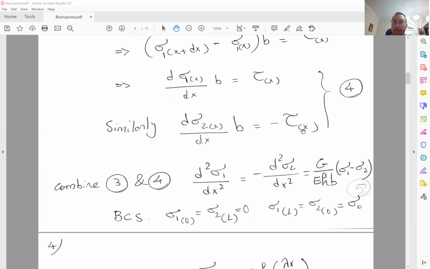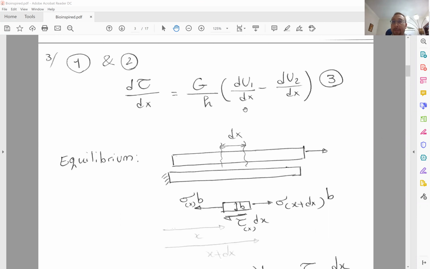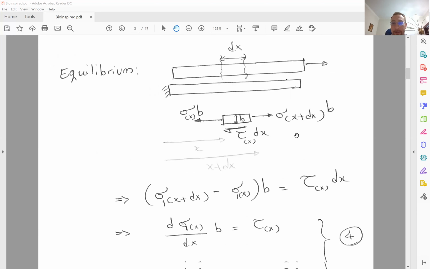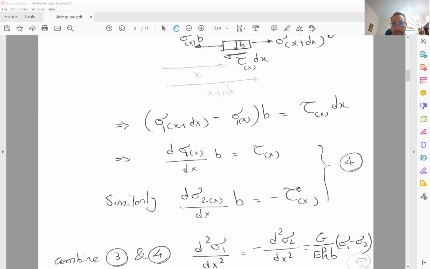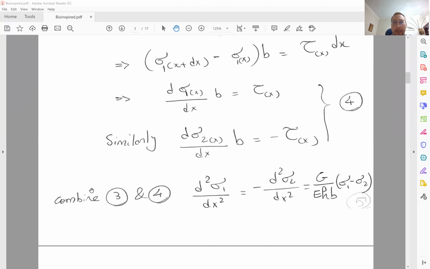And if I combine these last two equations, after I replace du dx with sigma over E, with this equation, with this or that equation, I get this differential equation, second order differential equation, just like carbon nanotube structures.